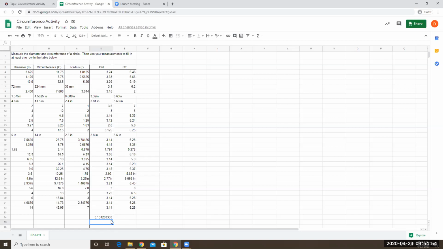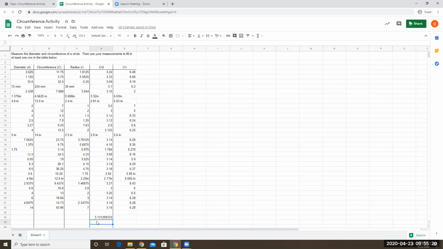So this is the average of all of our observations, right? So it's the average of all of the ratios of the circumference to the diameters that we measured. And if you look at this number, it's 3.131208, blah, blah, blah. That's awfully close to another number that we all know and love, called pi. You may have heard of it before, right?